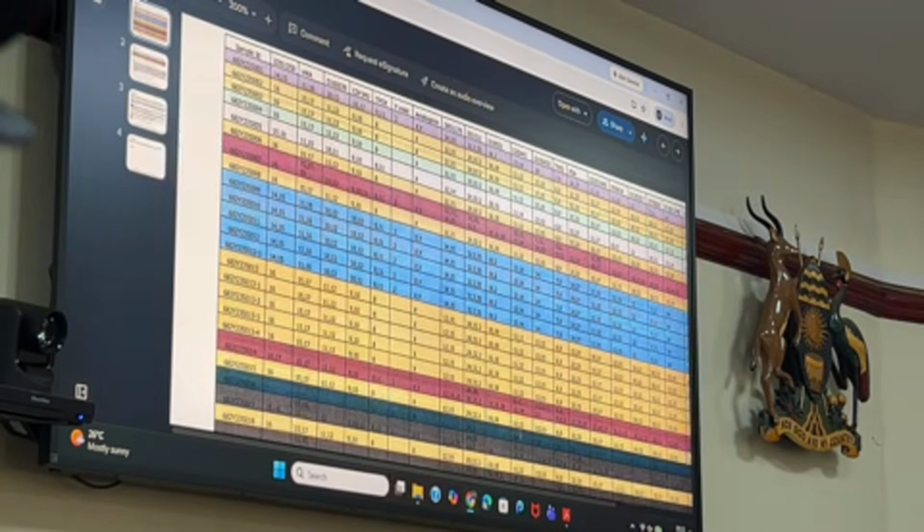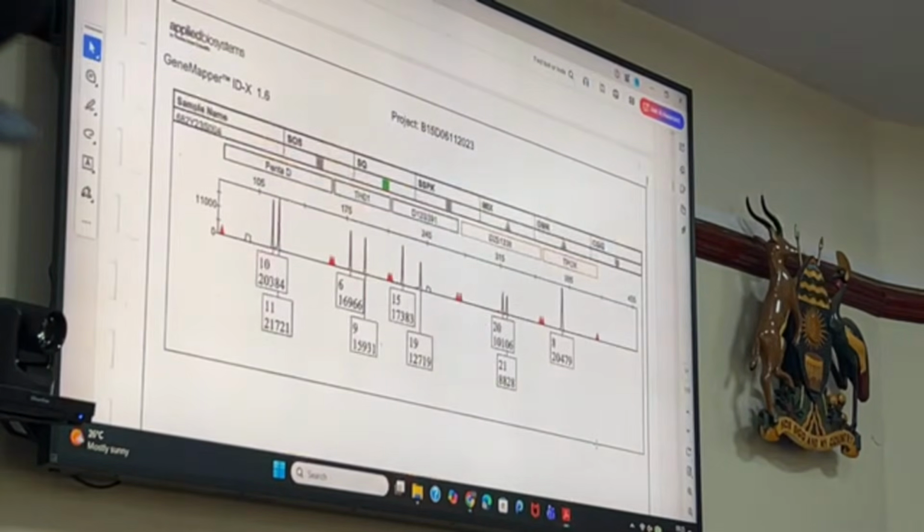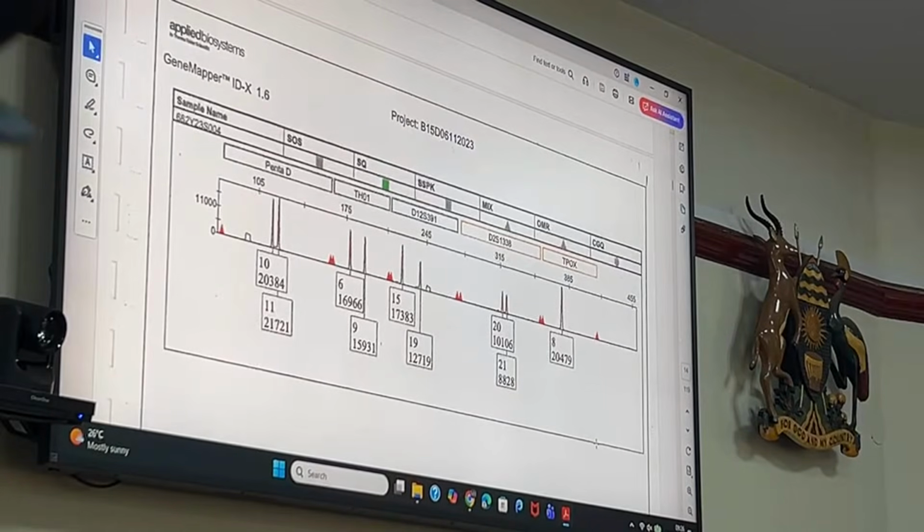In the context of this case, Mole Katanga and Patricia are mother and daughter. How will that affect the interpretation of the DNA results?